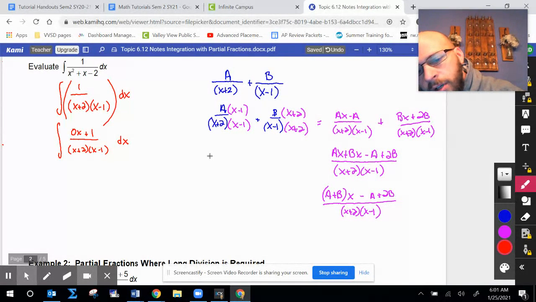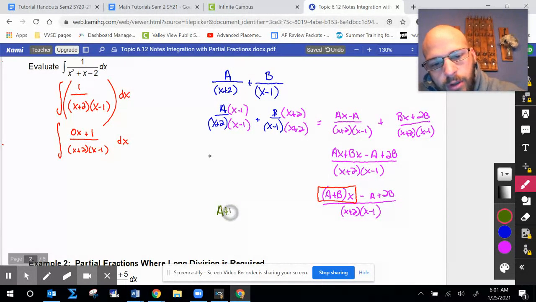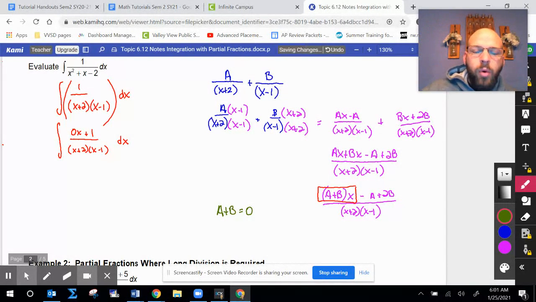So if you take a look at this fraction, I have A plus Bx. Well, I know A plus B has to be 0, because if I add these together and I want it to be equivalent to my original problem, I don't want there to be any x's. So I want the A and the B, if I add them together, to be 0.